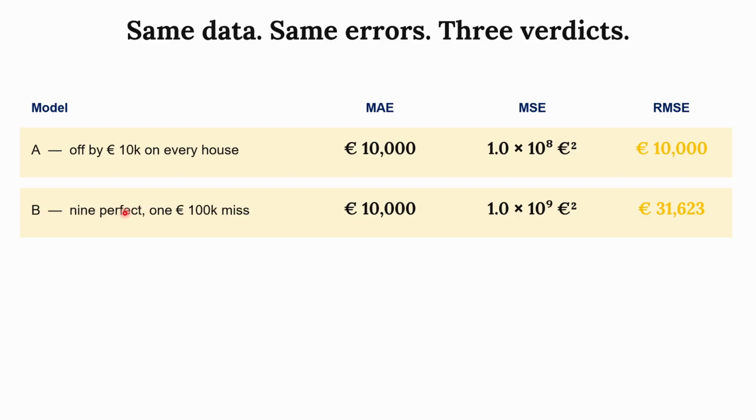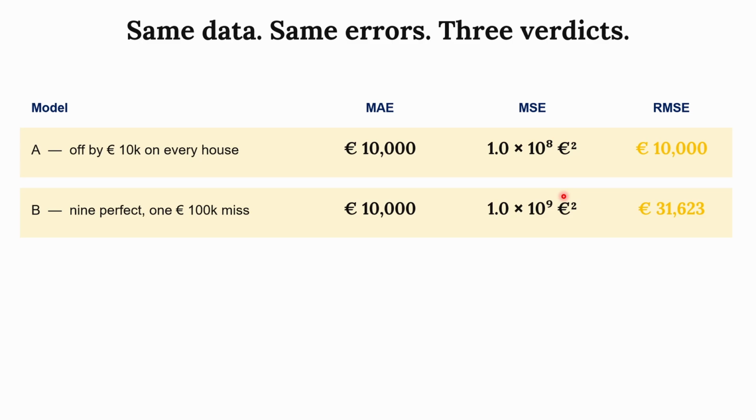Model B, 9 perfect predictions, 1 large miss: mean absolute error of 10k, root mean squared error of 31k, okay? So the root mean squared error for Model B is 3 times larger. Mean squared error, way larger, okay?